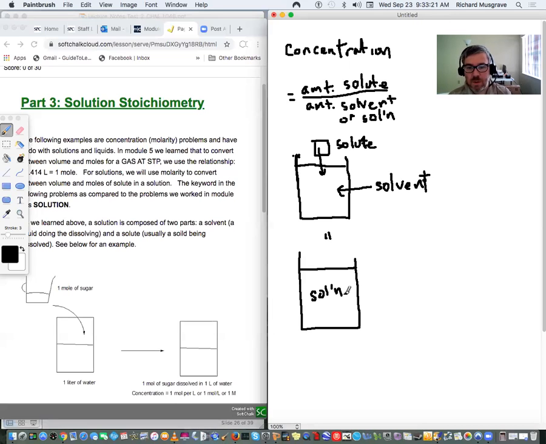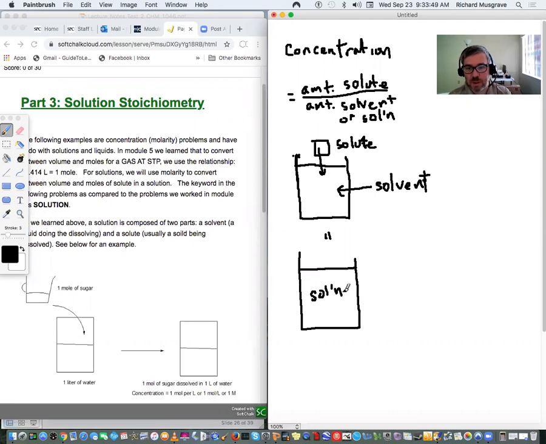So those are the main things I want you to be aware of. A solute is what's being dissolved. The solvent is what's doing the dissolving. And when you have them together and you've mixed them together and the solute has actually dissolved, then you have a solution. The concentration is then expressed as an amount of solute divided by an amount of solvent or solution. It depends on your definition of concentration.